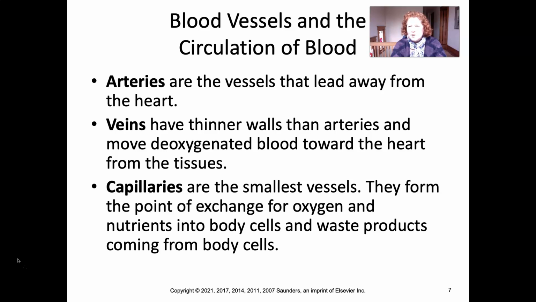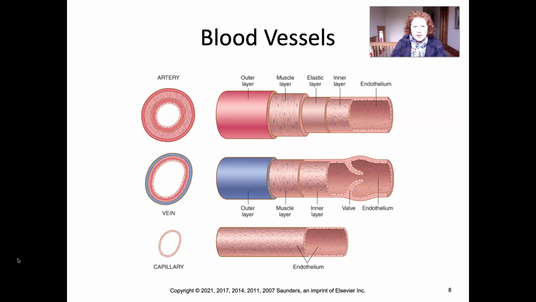They are the point at which that exchange happens, where oxygen and nutrients go into body cells and waste products are brought out of the cells and put into the blood that then flows in the veins back toward the heart. And here's a cross section of each one so you can see what they are and what they do.